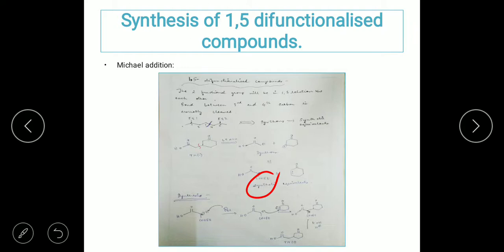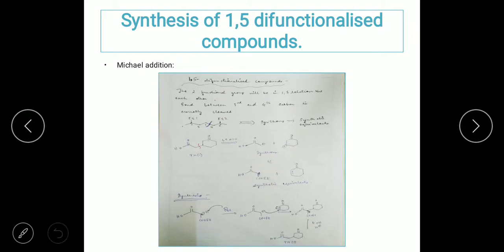So for alkylation of a ketone, we can always make use of COOEt, the ethyl ester, as a fragment attached to the synthon, so that we get a synthetic equivalent of this kind, which makes the synthesis much easier.